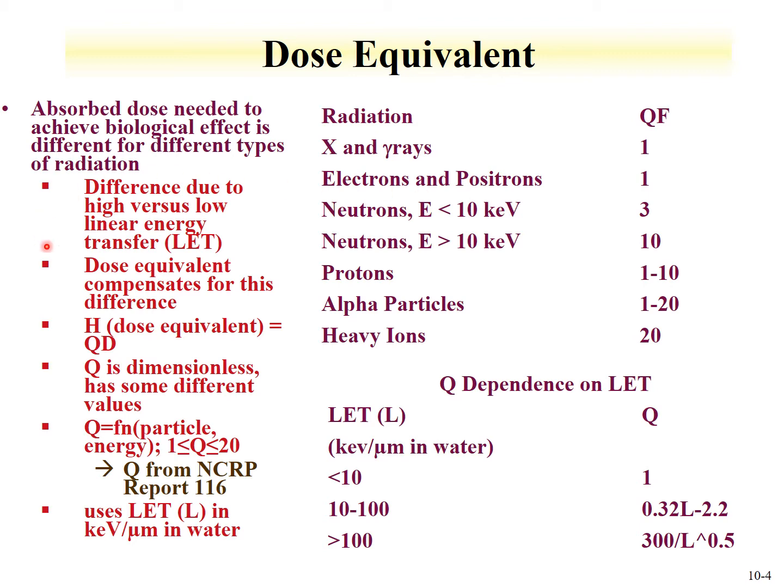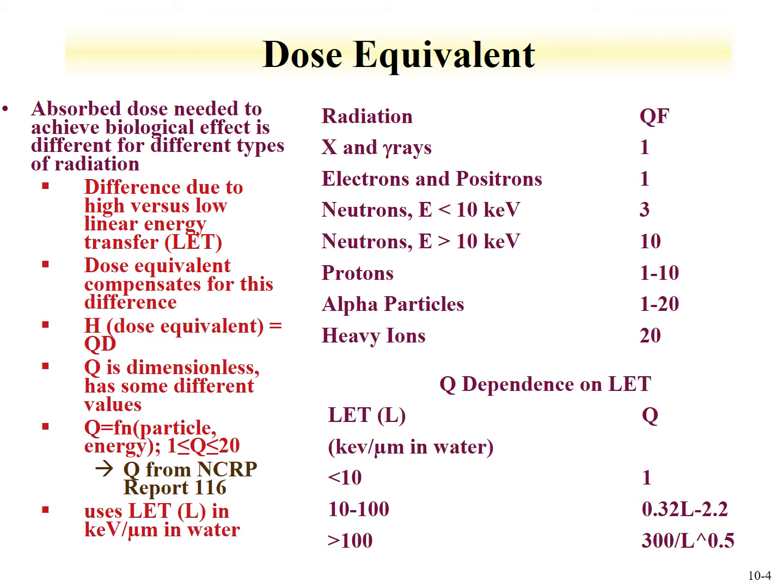The difference is really driven by the linear energy transfer, and we're going to call this dose equivalent. To compensate for this, the dose equivalent will be equal to the dose D times Q, and Q is some dimensionless value. There are a number of reports out which define what this value should be. It's often a function of the particle and the energy. Q can vary from 1 to 20.